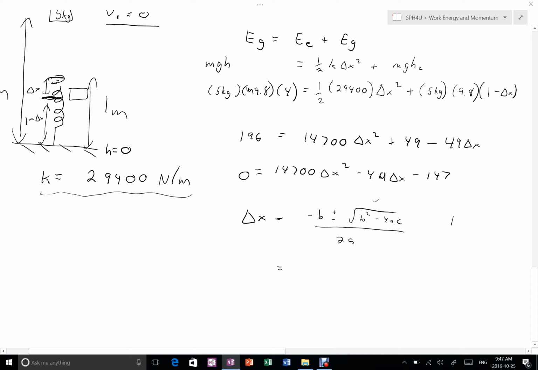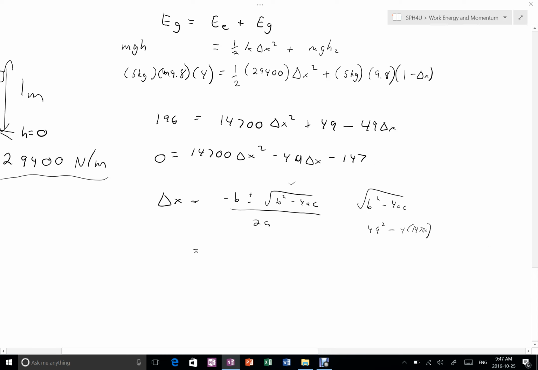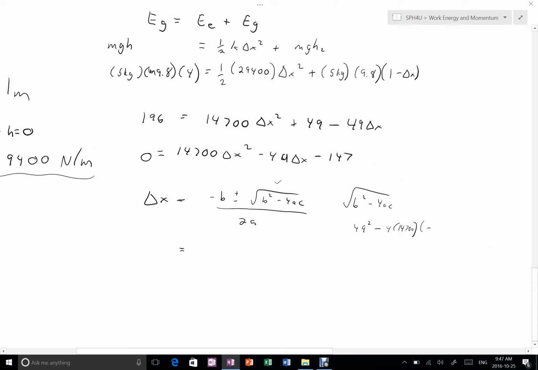So b squared minus 4ac square root is going to be 49 squared minus 4 times 14700 times negative 147. And then I have to square root all that. So I got 2940.